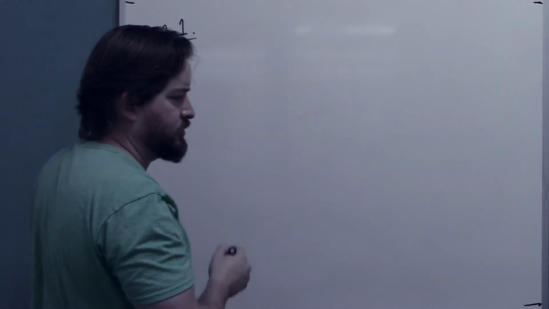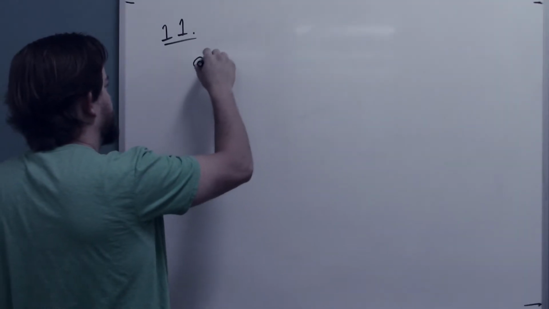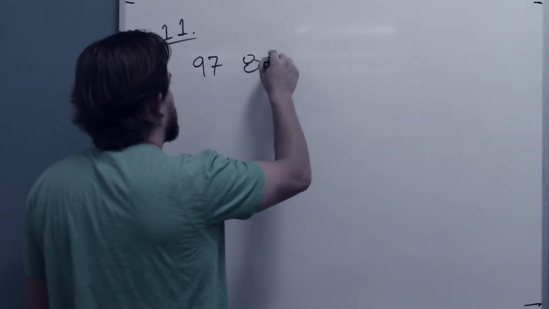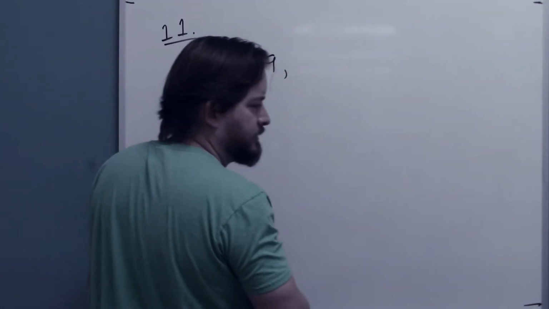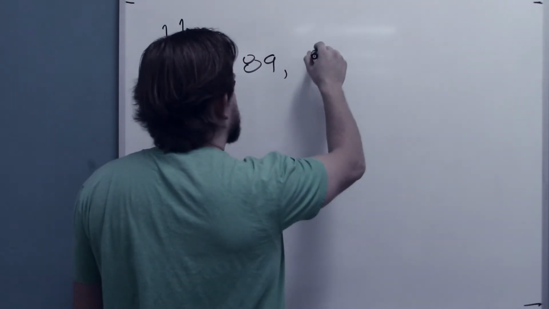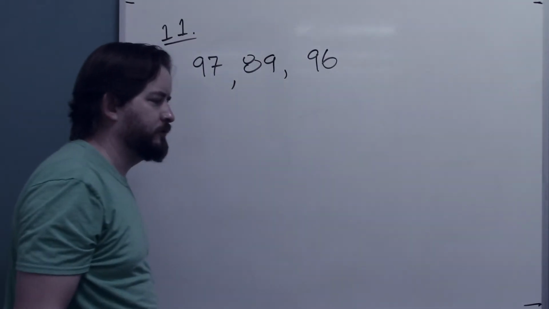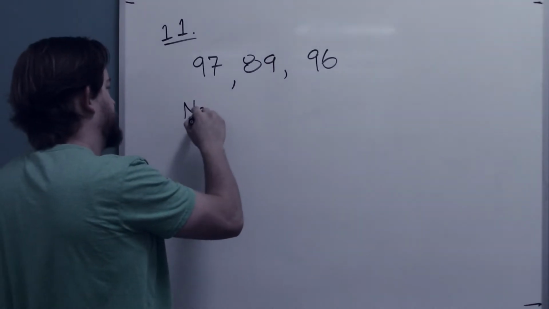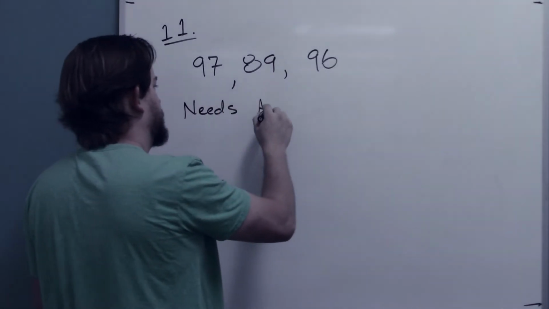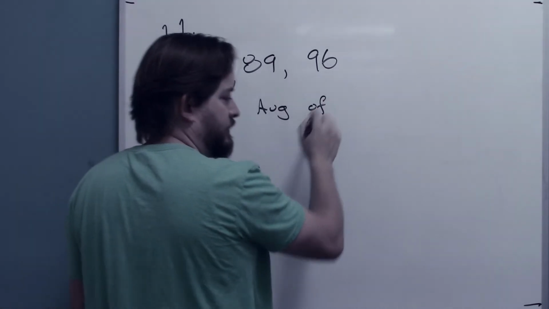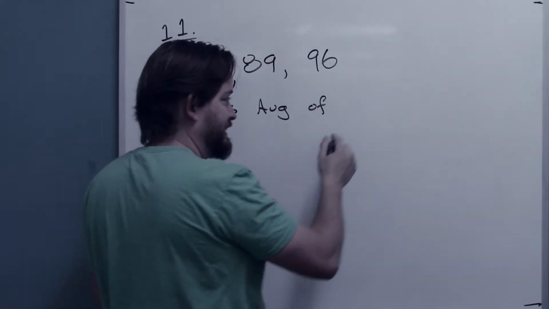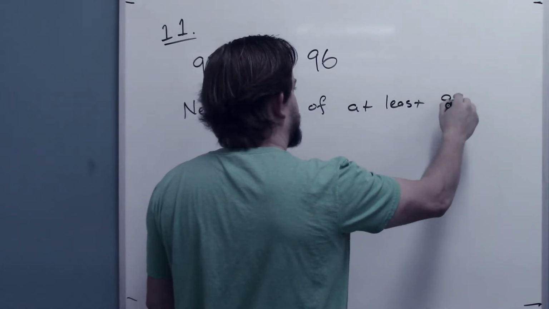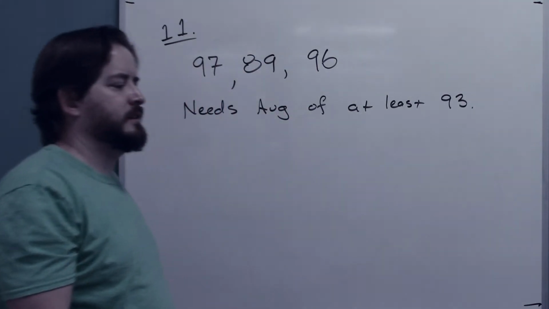A student has scores of 97, 89, and 96 on her first 3 tests. She needs an average of at least 93 in order to pass a class.